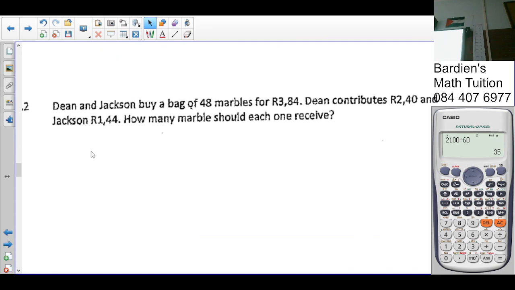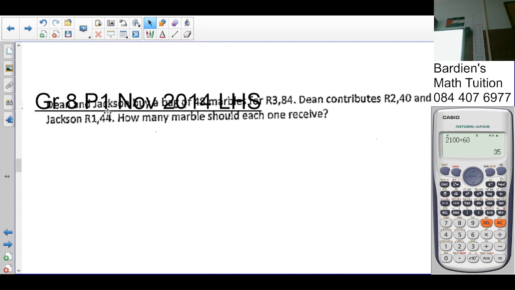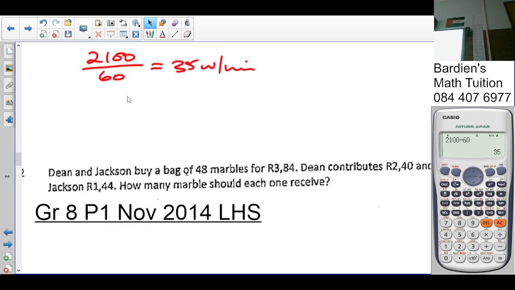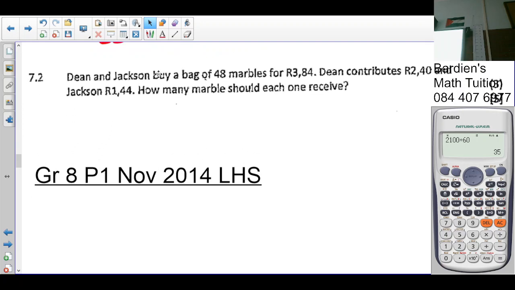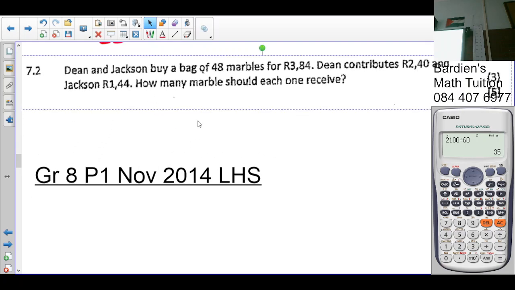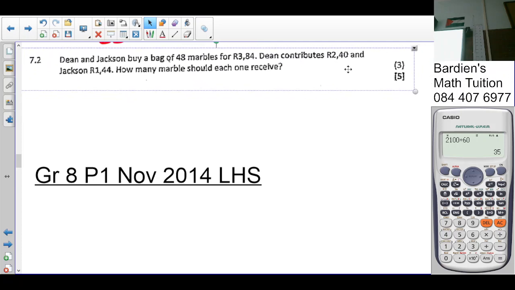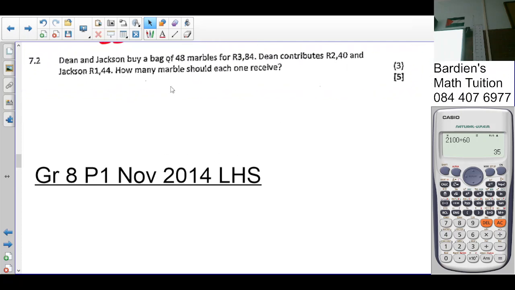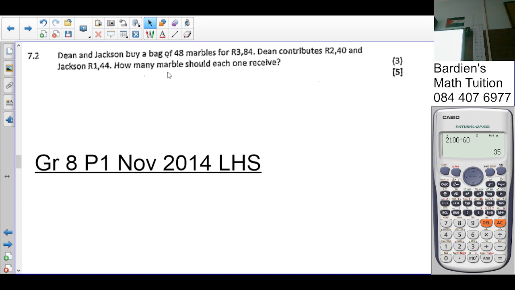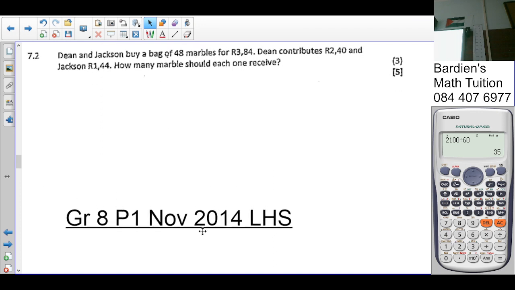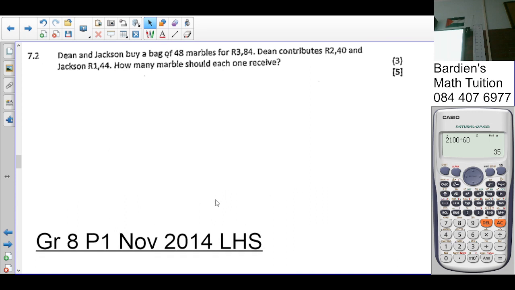The next one. So in 7.2, we are told that Dean and Jackson buy a bag of 48 marbles at 3 rand and 84 cents. This is many years ago, okay? Dean contributes 2 rand 40 and Jackson contributes 1 rand and 44 cents.